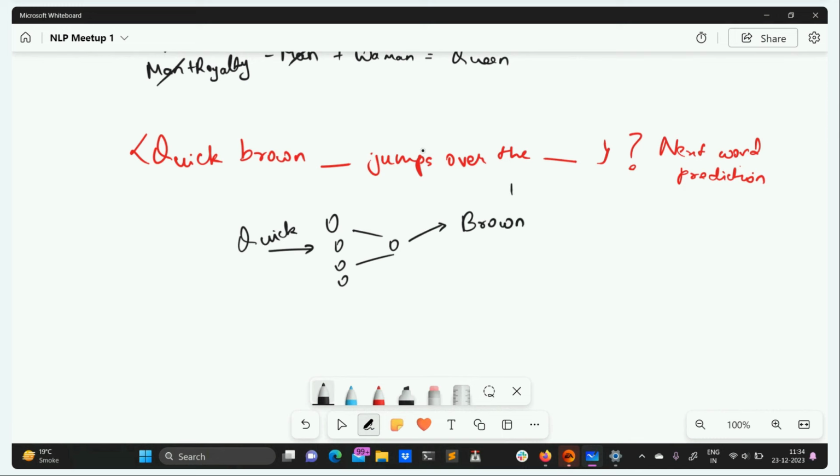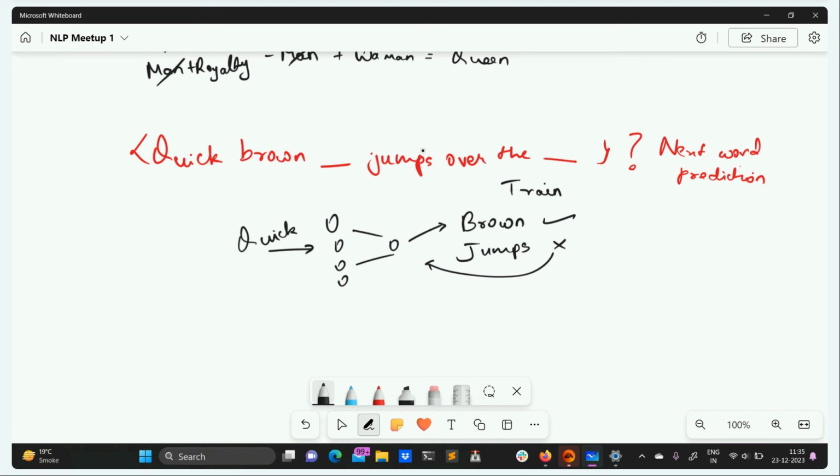Now, in the training step, if the word was brown, you basically backprop and say that whatever weights you used for predicting brown were correct. If it predicts, let's say, jumps, that means the weights that were used were incorrect, and then you go and you backprop and adjust the weights accordingly. This is a very high level view of what the next word prediction task is.